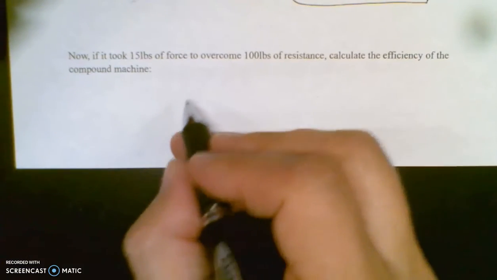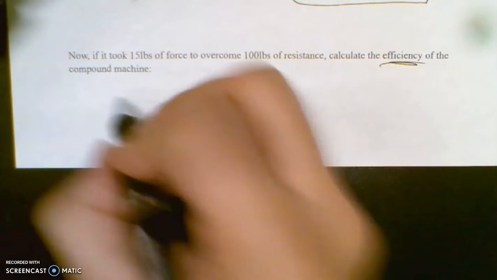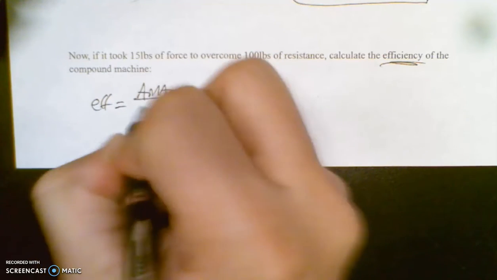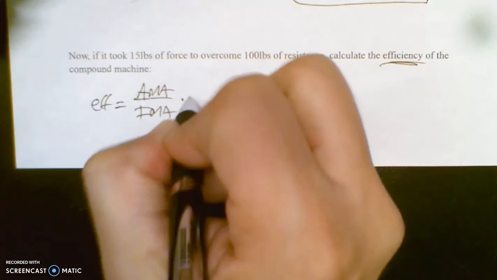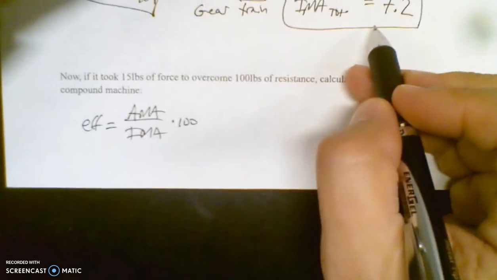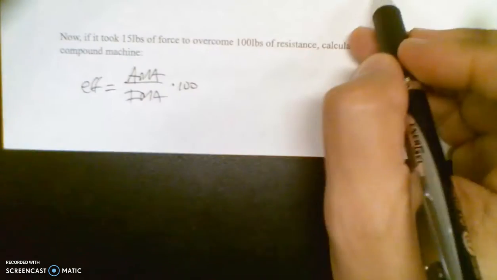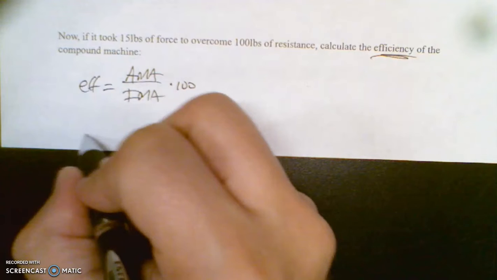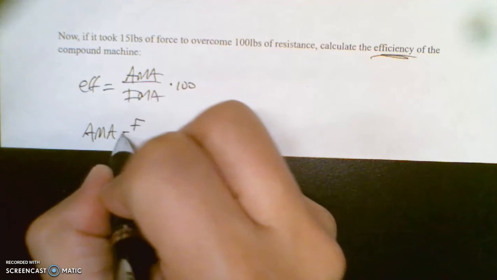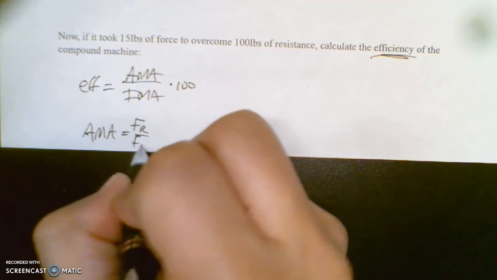Sweet. Now, here's a good question to remember. See if you remember efficiency. Efficiency is AMA over IMA times 100. So I have my IMA up here. All I need to do is find my AMA. So off to the side, I'm going to say AMA equals FR over FE.